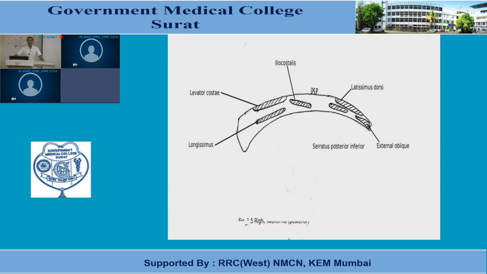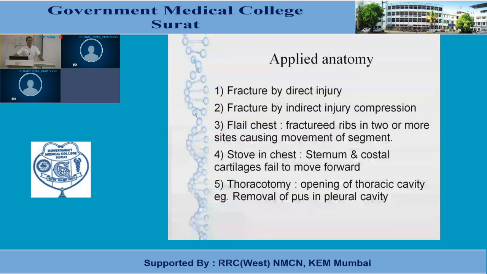Now something about the applied aspect. In relation with ribs, a rib is a bone, therefore fracture of ribs. But there is a slight difference between fracture of ribs with direct violence, direct injury, or compression injury.